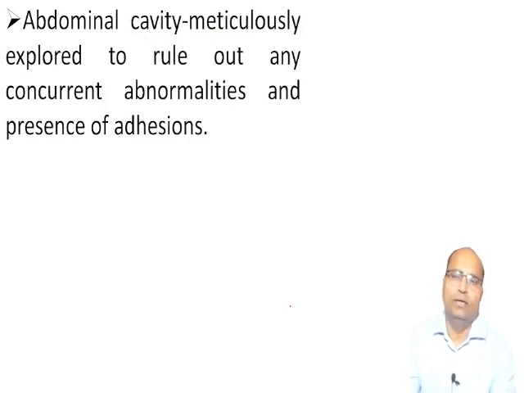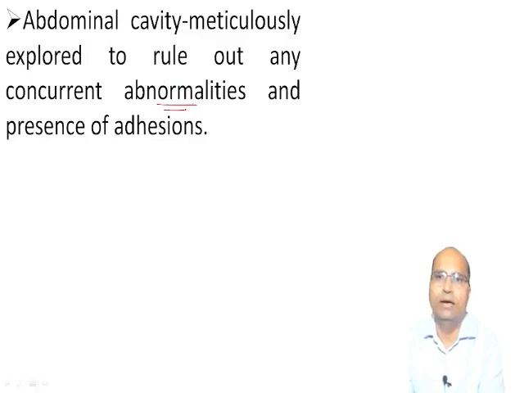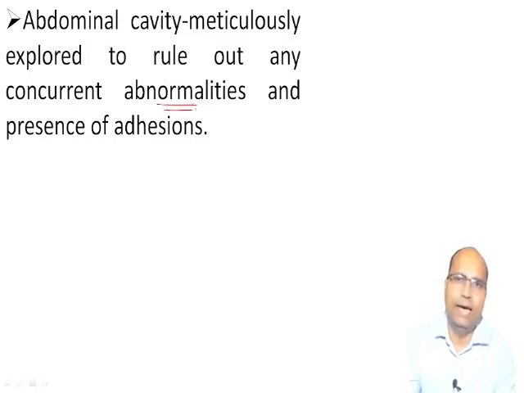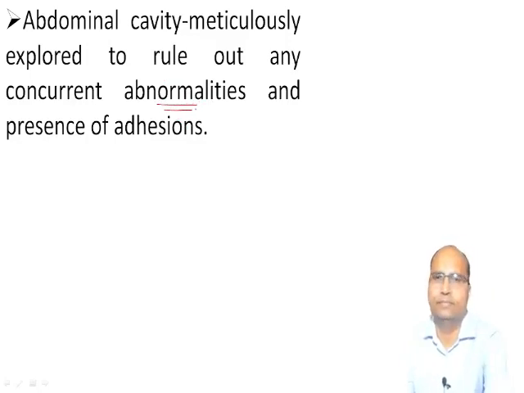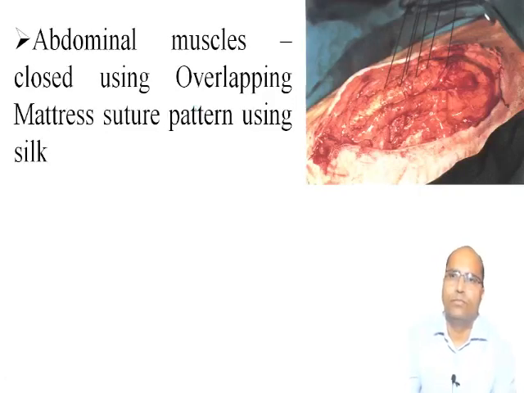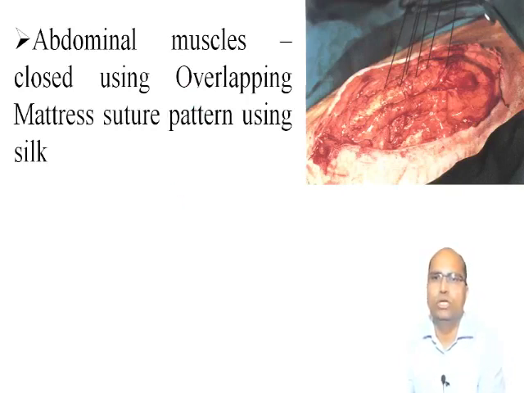The abdominal cavity should be meticulously explored to rule out any concurrent abnormalities and presence of adhesions. Abdominal muscles should be closed using overlapping Mayo suture pattern using silk.